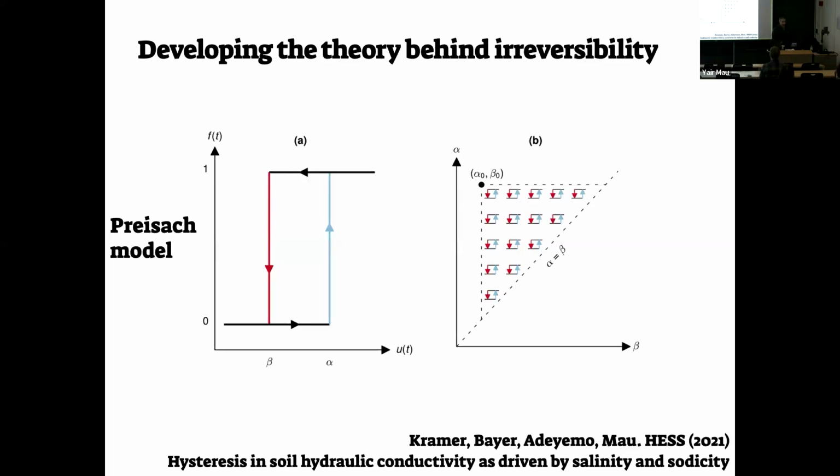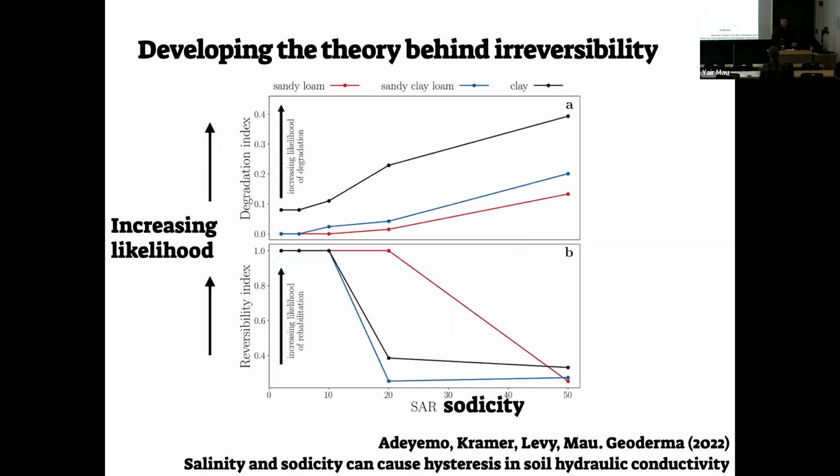We can use this framework to describe these processes from before and eventually derive, here I hope you can see, the reversibility index and the degradation index. As you go up in the index, you increase the likelihood of either degradation or of the rehabilitation of the soil.